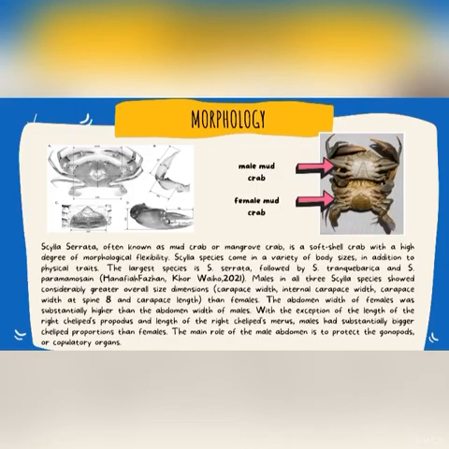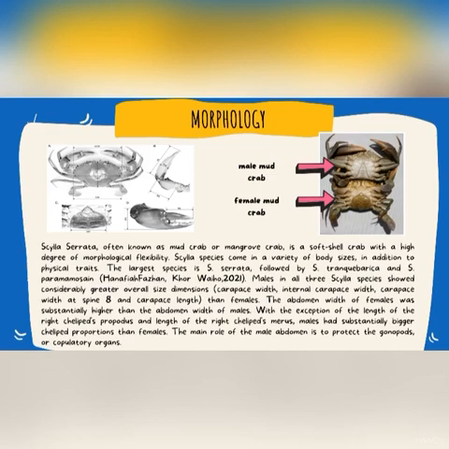In morphology, in the right picture, the upper is a male mud crab and the below is a female mud crab. Scylla serrata, often known as mud crab or mangrove crab, is a soft shell crab with a high degree of morphological flexibility. Scylla species come in a variety of body sizes in addition to physical traits.